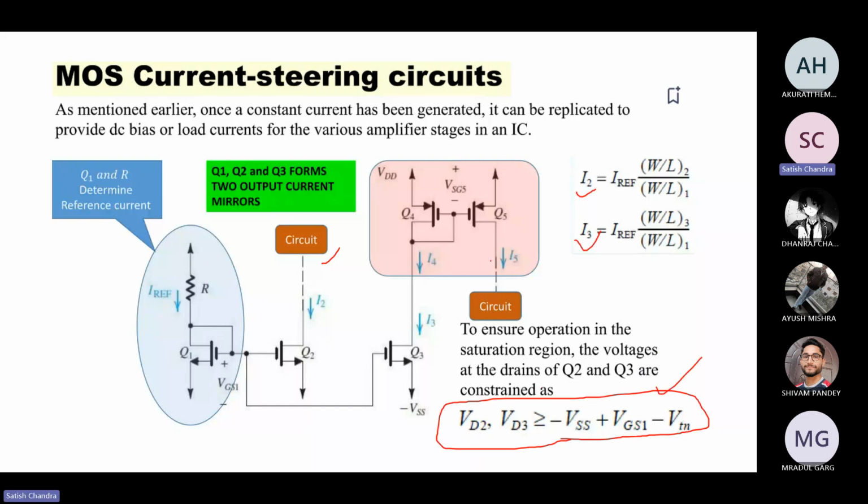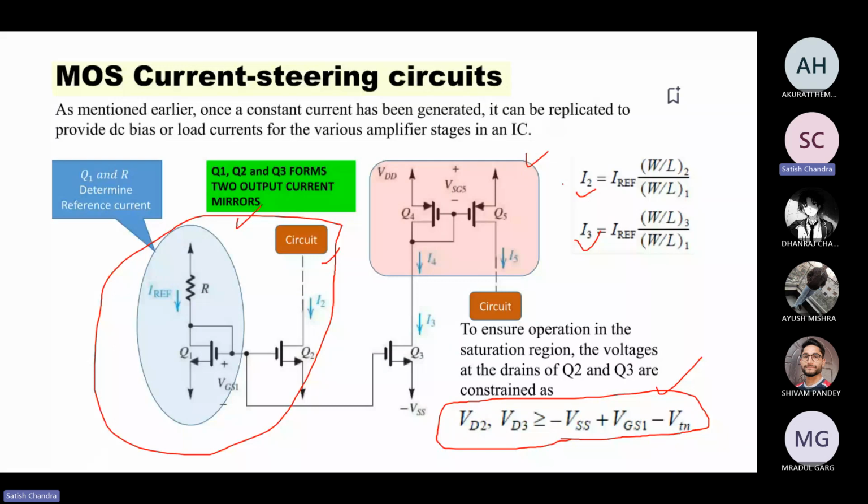Then only it behaves like a current mirror. Rather than utilizing this circuit directly in our current mode circuits, we utilize it as a constant current source. This is the base of the current mode circuits.